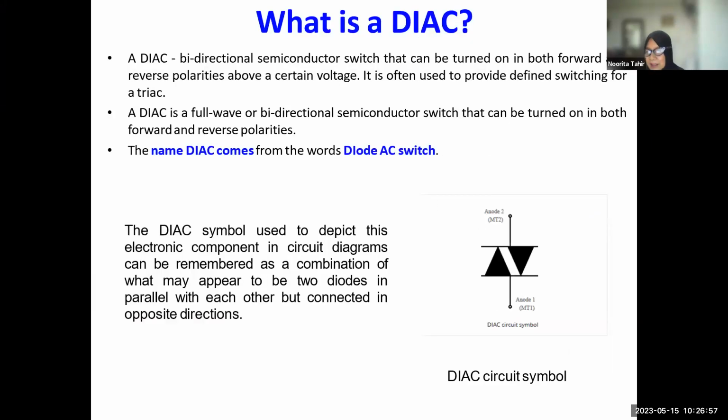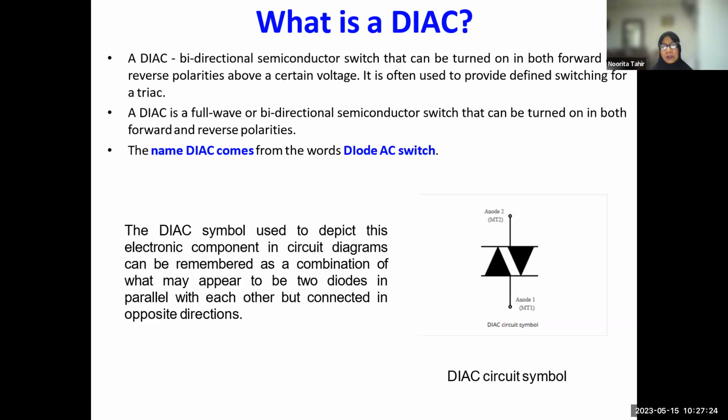Okay, what is a diac? A diac is actually, this is the diac symbol. This is the circuit symbol. A diac is actually a bidirectional semiconductor switch, which we can turn on in both forward and reverse polarity once it exceeds a certain level.